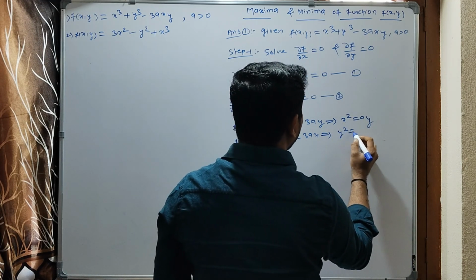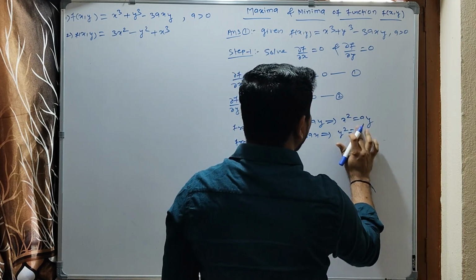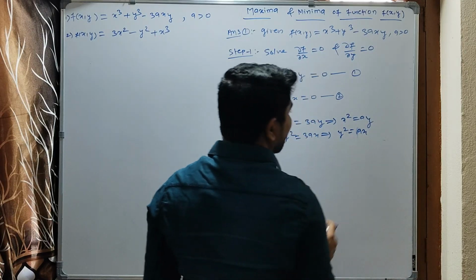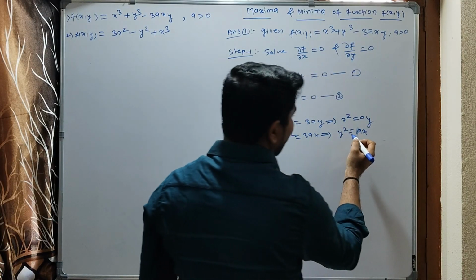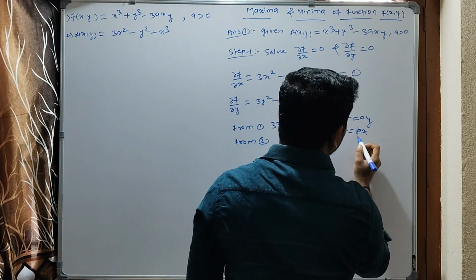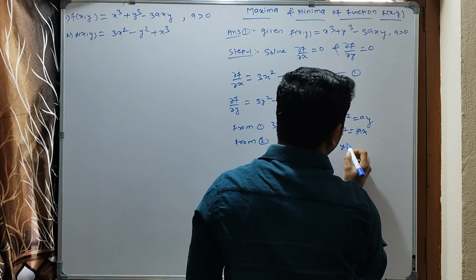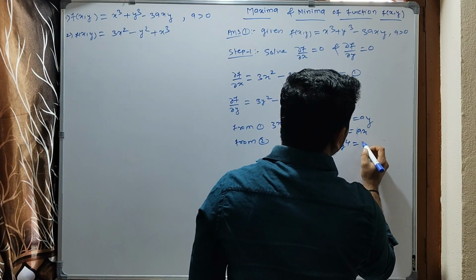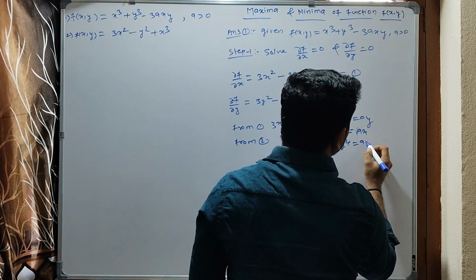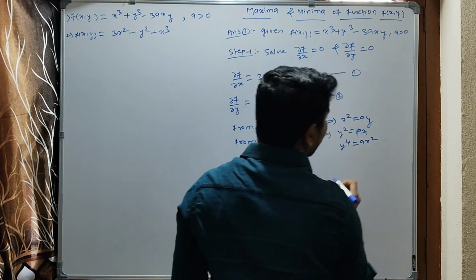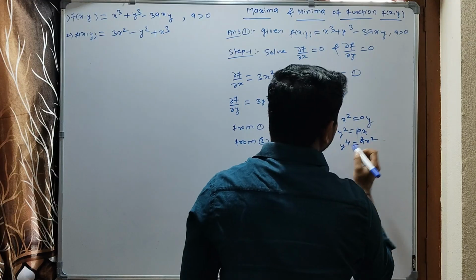Therefore y square equal to ax. Squaring, y power 4 equal to a square x square.